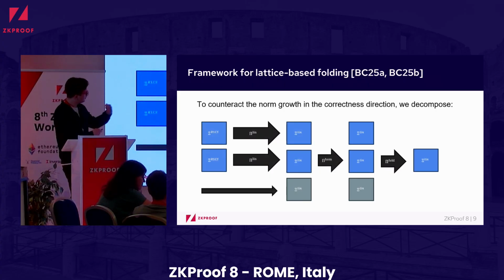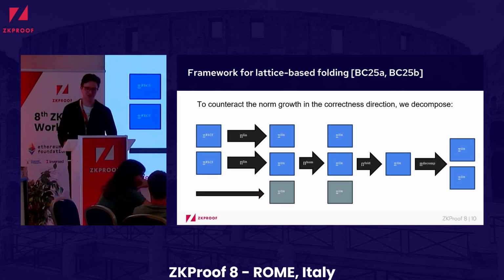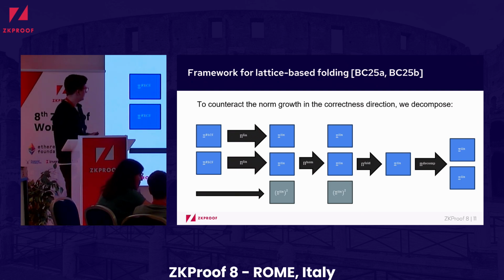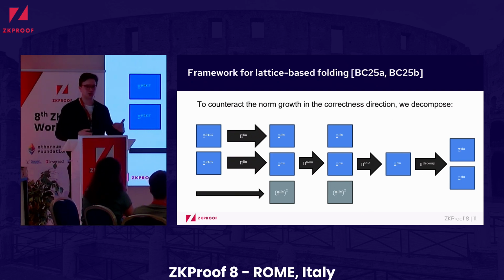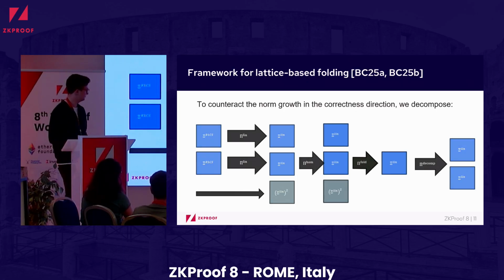So to look again at the framework that we are building, the traditional solution is to apply decomposition. For example, if we decompose into two relations, our accumulator becomes two relations instead of one.